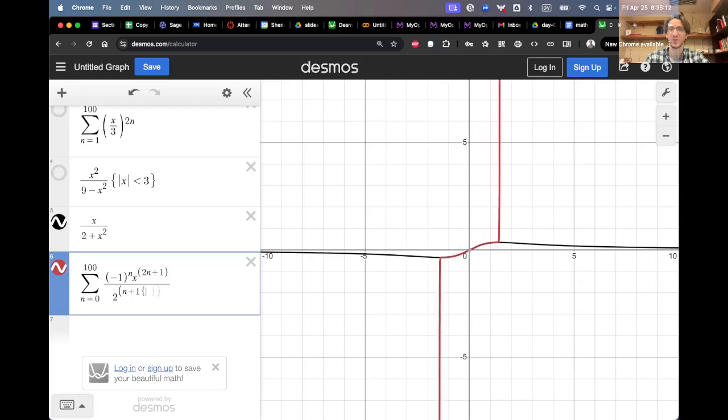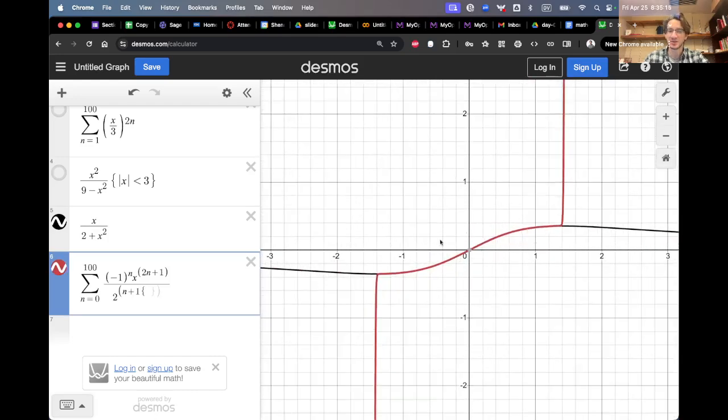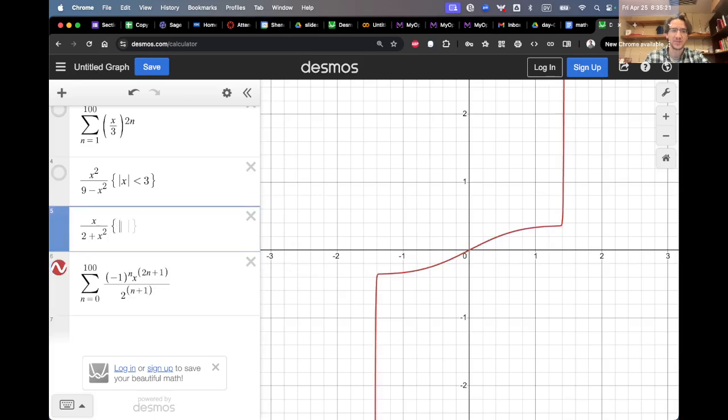There we go. And we see, again, that this is perfectly lining up. In particular, it is perfectly lining up for absolute value of x less than the square root of 2. Boom! Wowee. Amazing.